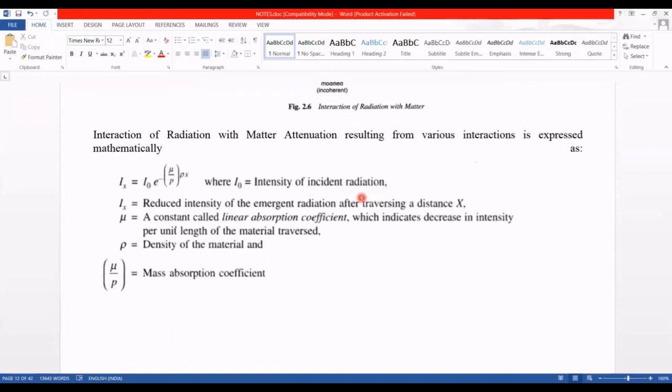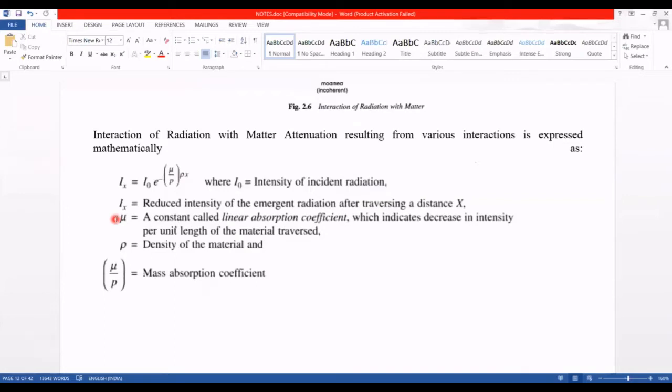Next, Ix. Already you know, once the radiation falls on the matter and penetrates into it, the intensity is reduced. That can be expressed by Ix, the reduced intensity of the incident radiation after travelling a distance of x into the matter.